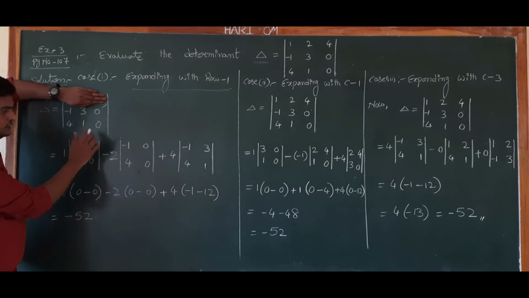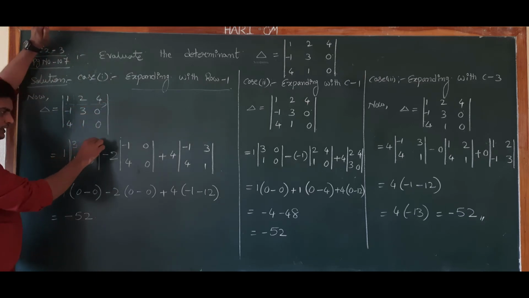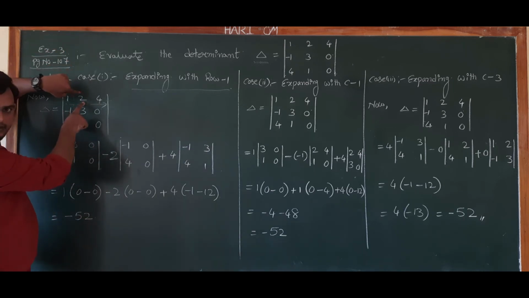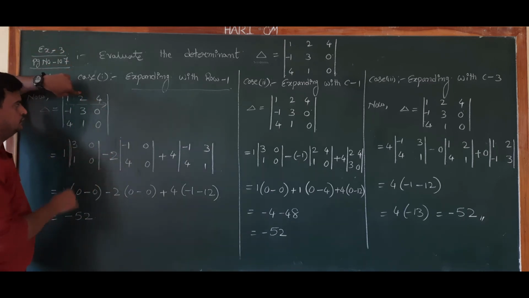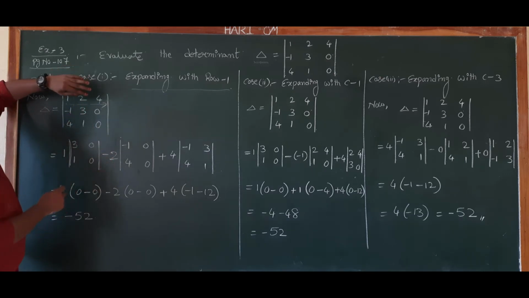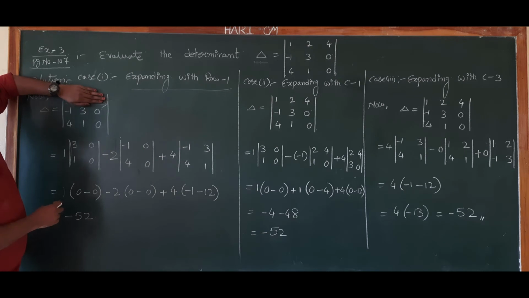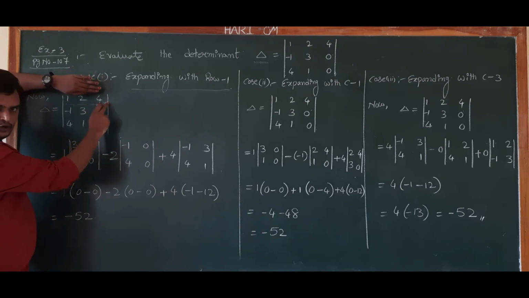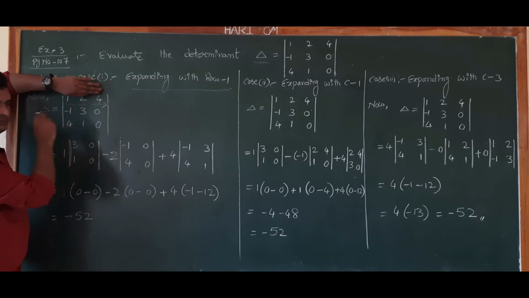So 3, 0, 1, 0 we write as a 2 by 2 determinant. Now second element, minus 2 into. Again leaving this entire row and the entire column.